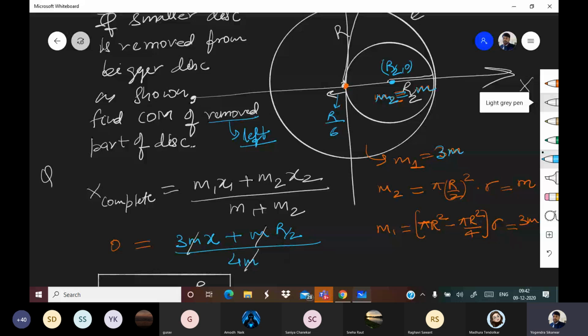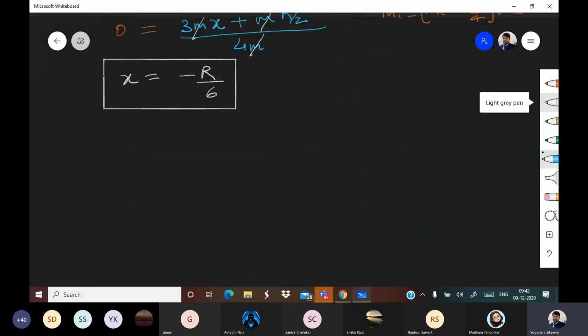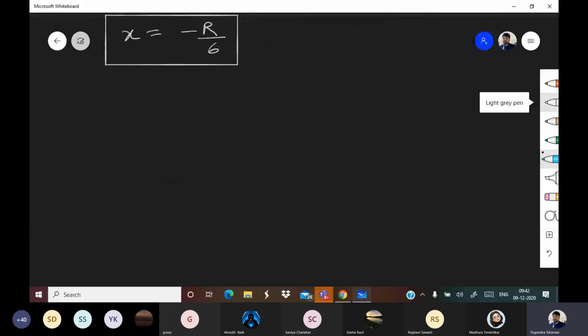Now I am giving you another question based on the same concept. Okay, you just need to replace the disk by a solid sphere.